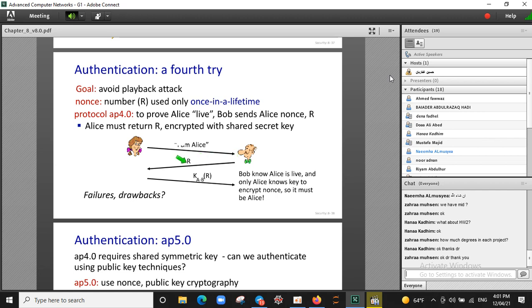So Bob would say, okay, if you are Alice, please encrypt this message for me. Bob will send a message to Alice. If you are Alice, encrypt this message to me, because you have a copy of our shared key.